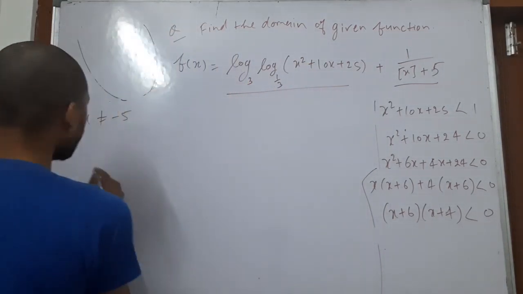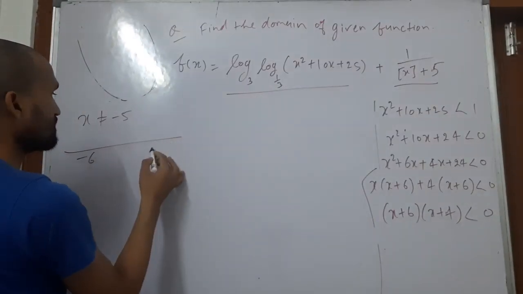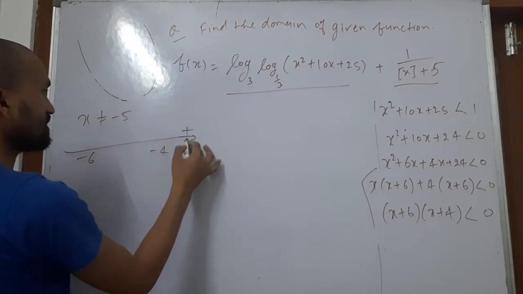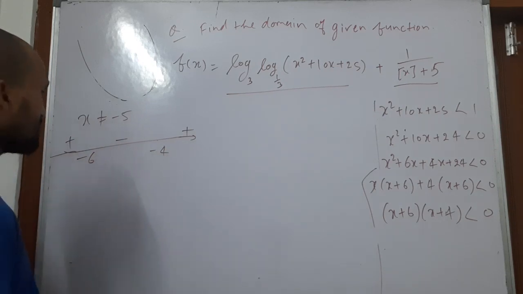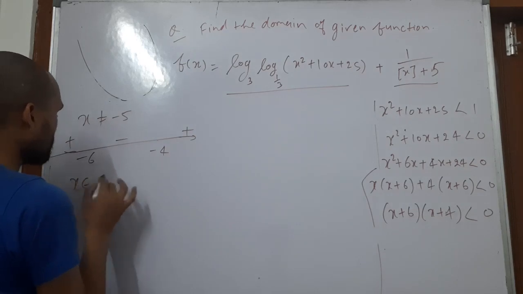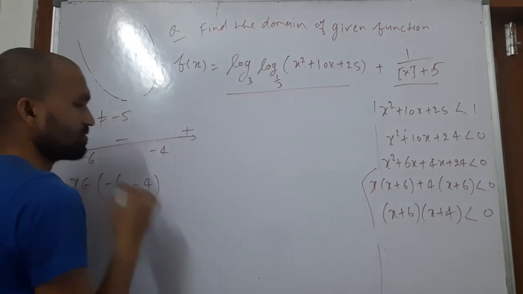So here is minus 6, here is minus 4. The rightmost part is plus, minus, plus. For negative values, x should belong to the open interval minus 6 to minus 4.